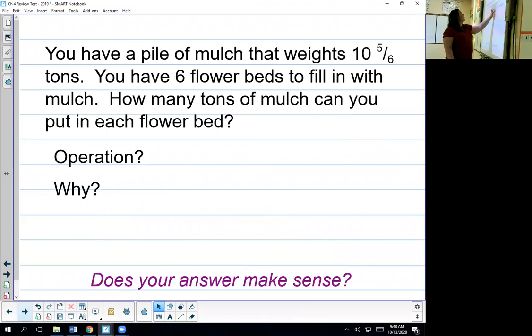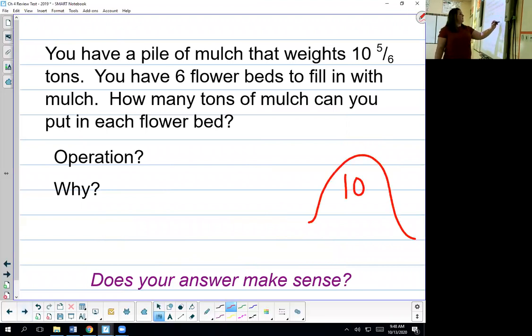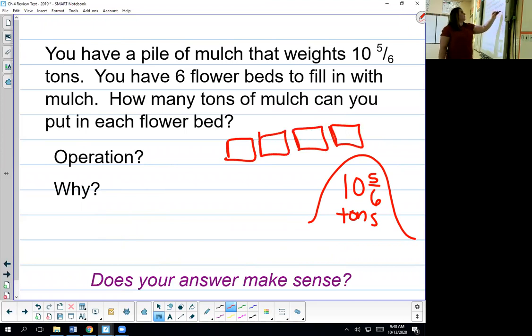Okay. So let's think about this one. You have a pile of mulch that weighs 10 5/6 tons. Oh goodness. And you have 6 flower beds, and you want to fill them with mulch.